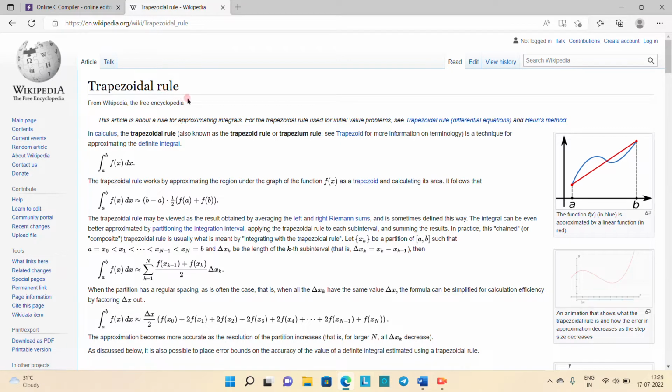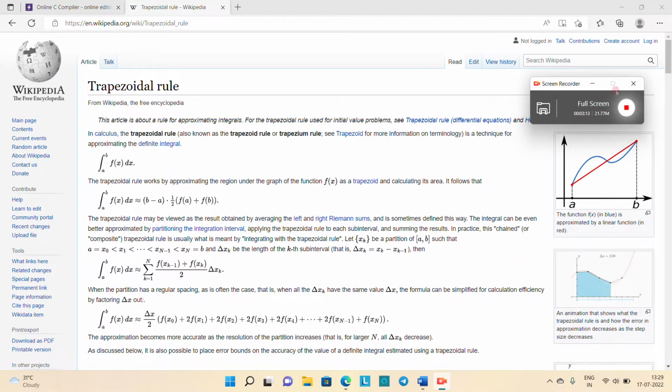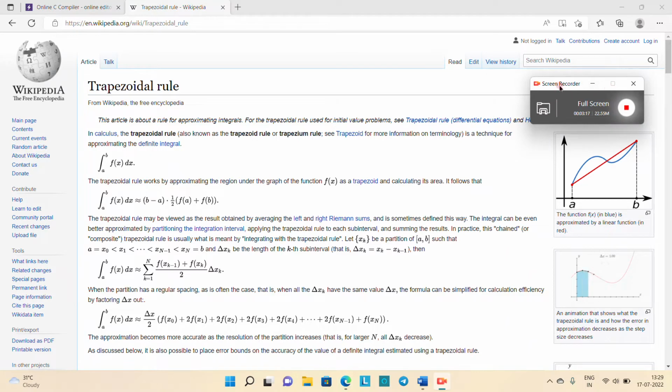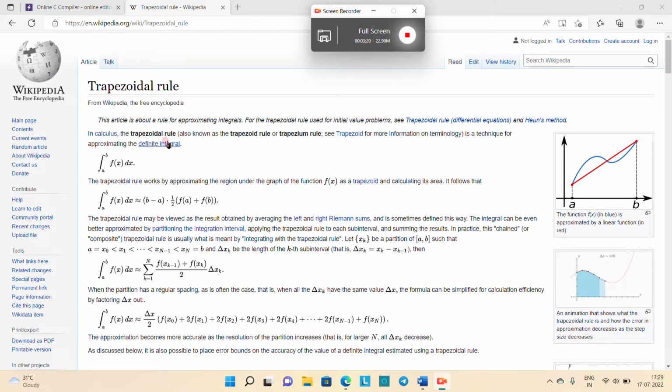Before writing any program, you have to know what program we are writing. For that, we first have to understand what the trapezoidal rule is. Here I have searched the trapezoidal method on the Wikipedia page, in the numeric integration article.